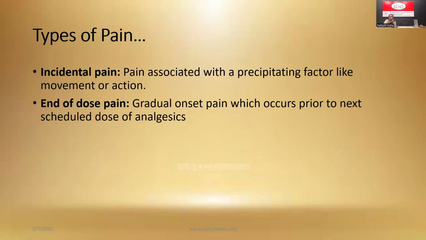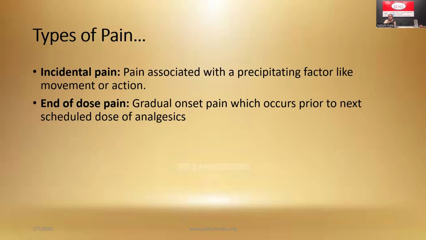Okay, so you should know these four terms. Baseline pain is the pain which is there most of the time for the patient. End of dose pain occurs prior to the next scheduled dose. Breakthrough pain means the pain which is there on and off, that we cannot predict.